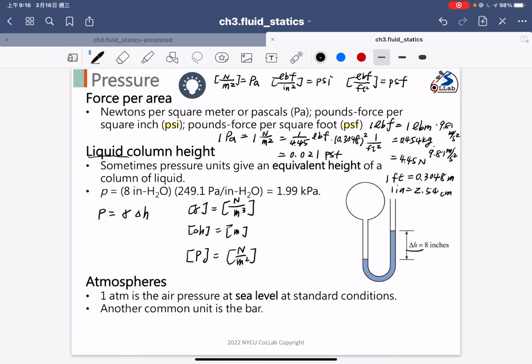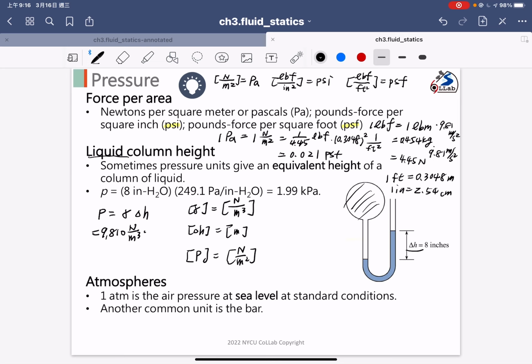So based on this equation, I can calculate the pressure inside here, based on the delta H I have. I know that the gamma here is for the water, so gamma is 9810 Newton per meter cubed. And delta H is 8 inch.